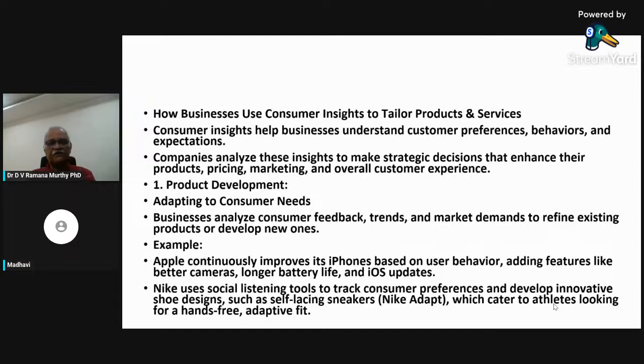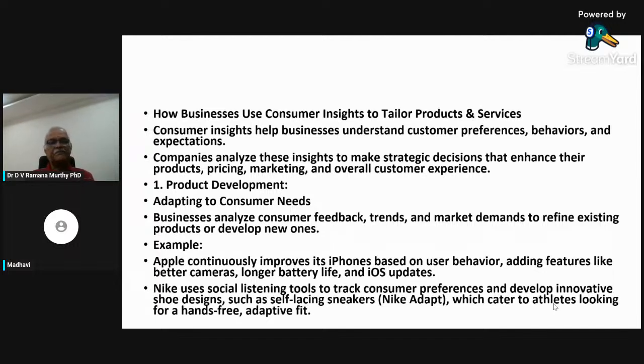So the next aspect we need to talk about is how businesses use consumer insights to tailor products and services. Very, very important here: you study the market through the market research process, and consumer data will be generated through your research exercise. Customer preferences, customer behavior patterns, and customer expectations will be known to you.